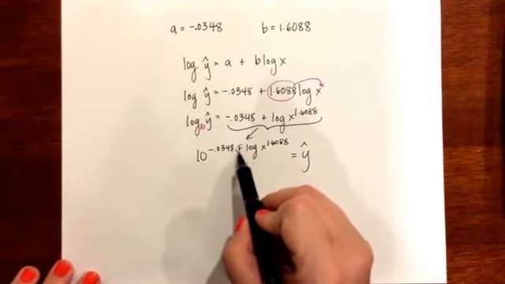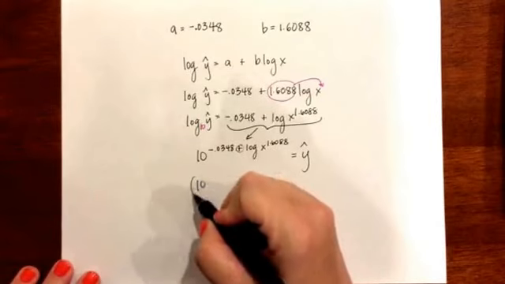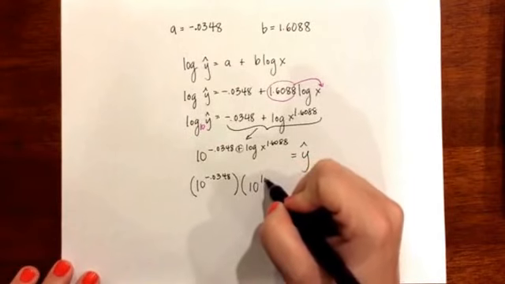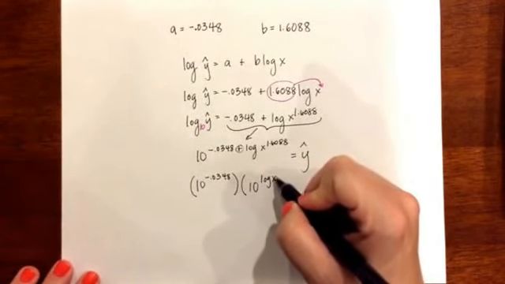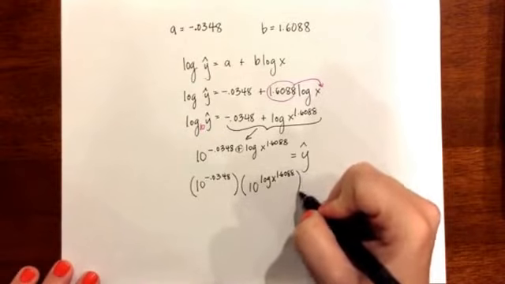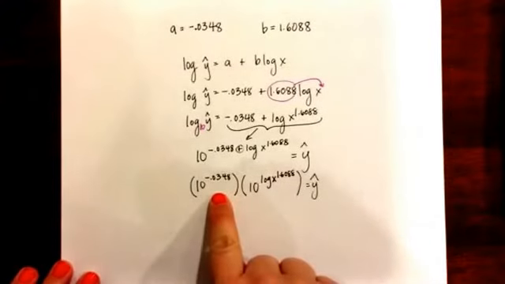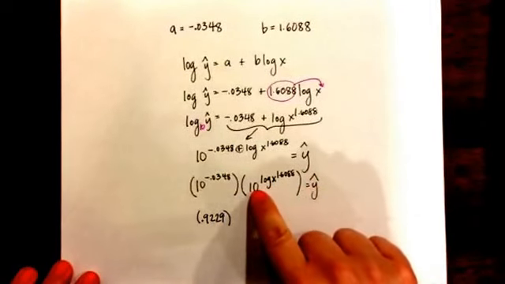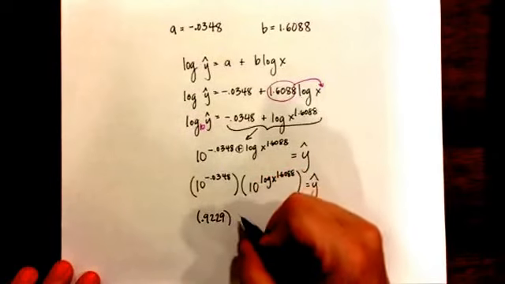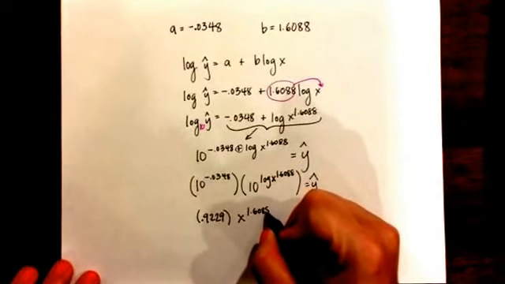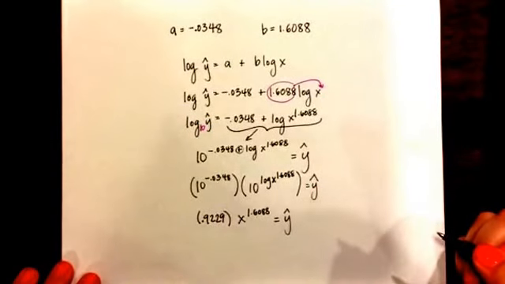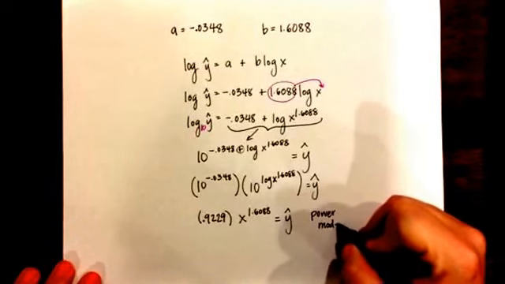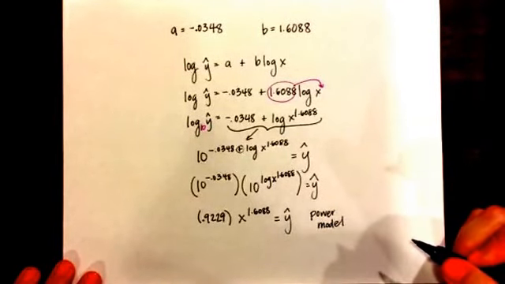So we can break this up into two separate numbers base 10. And you can plug that into your calculator. And this is just going to leave you with this. And there's your equation. So this equation is called the power model. So this is the equation that best models that original x y data.